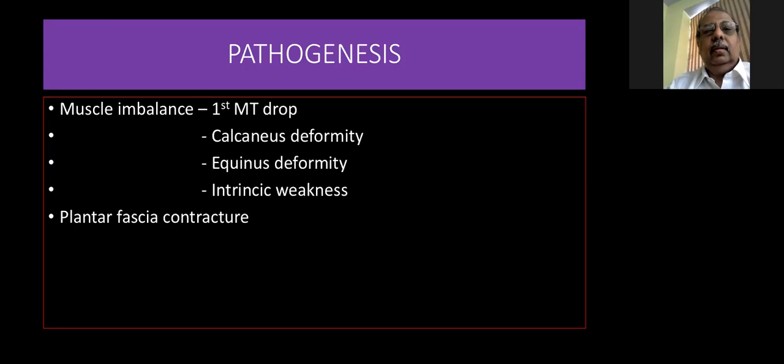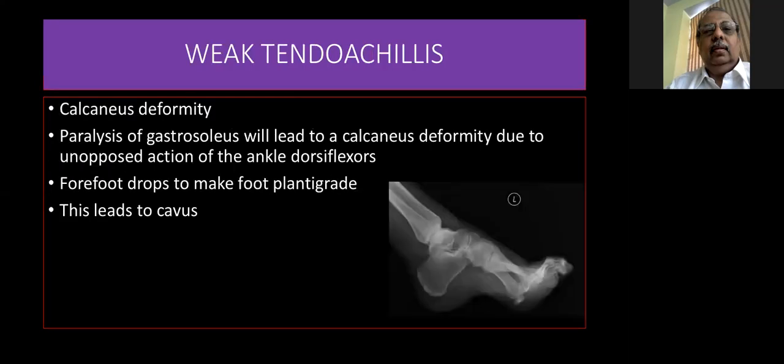Equinus deformity again can lead to a cavus deformity. Intrinsic muscle weakness again can produce cavus deformity, and plantar fascia contracture. These are the various conditions of pathogenesis. It can be due to a first metatarsal drop, equinus, calcaneus, intrinsic muscle weakness, and plantar fascia contracture.